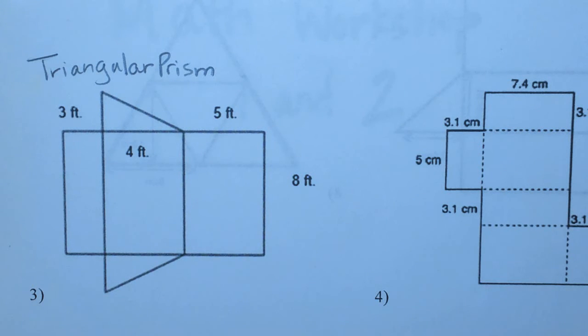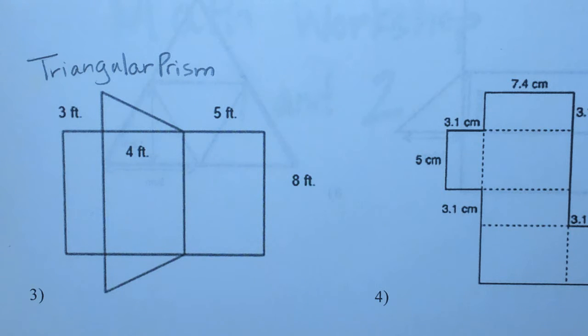So, it's got triangle flaps on each end. Guys, if you didn't get it, look real quick just so you can see it. It's got triangle flaps on each end. The 3 rectangles make the walls. And then when it closes up, it's like that.